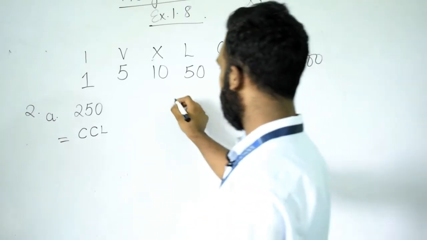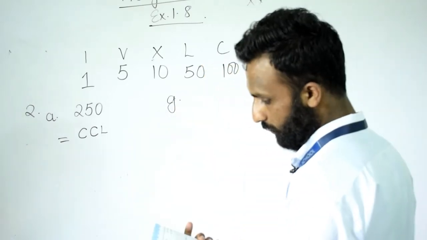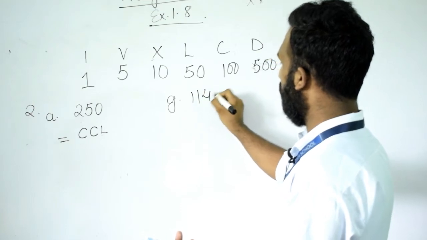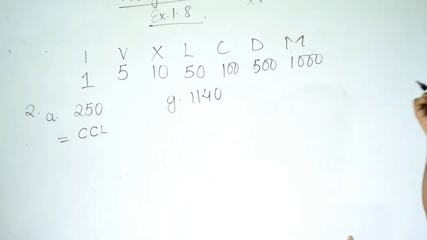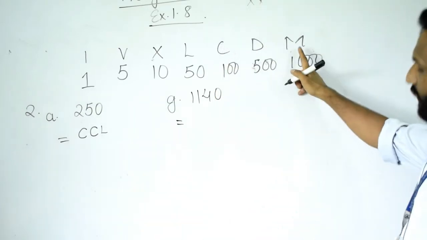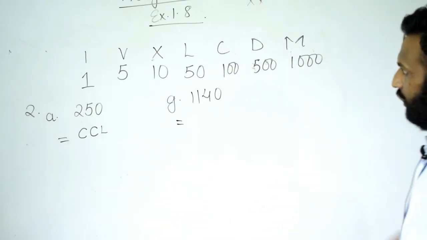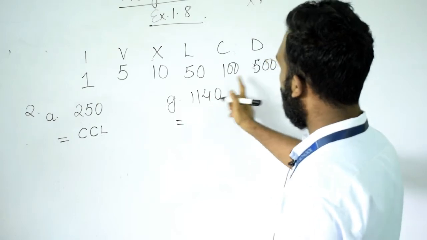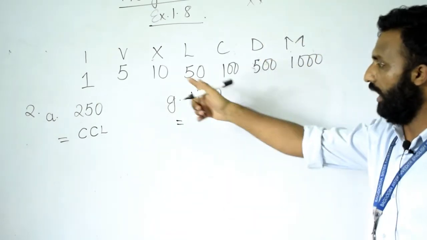Now number G from question number 2, 1140. For 1000 what do we have? M. For 100 we have C, and for 40, how will we make it?